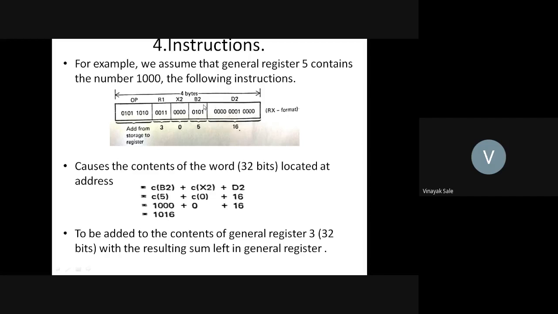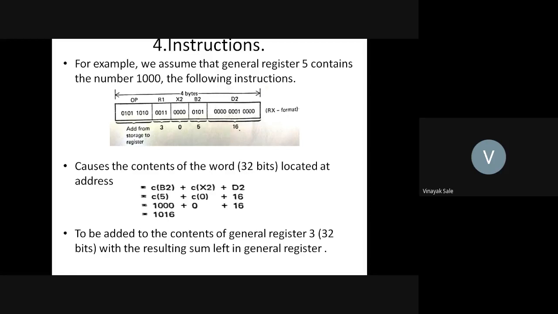This format is known as RX format because here the first register R1 and second register R2 are divided into 3 parts: hexadecimal, then base, and then displacement.